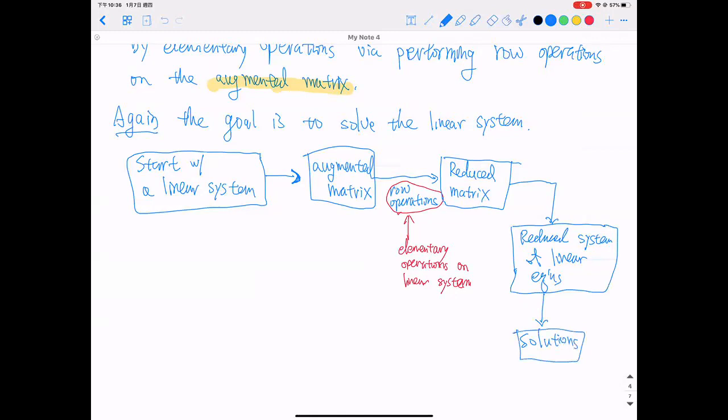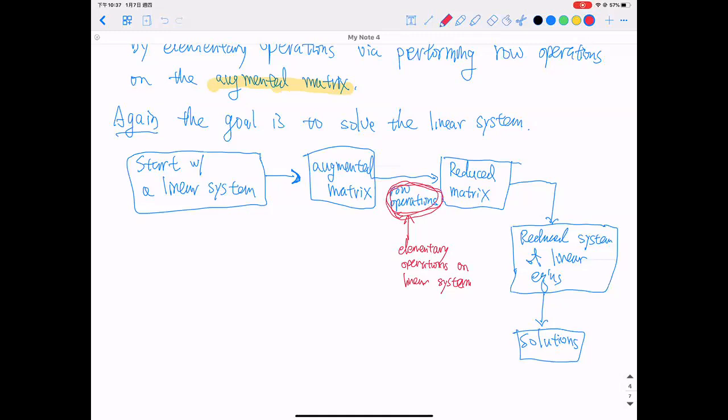Okay. Now, okay, so this is the plan, a general plan for solving linear systems. And the key step, of course, is this row operation.